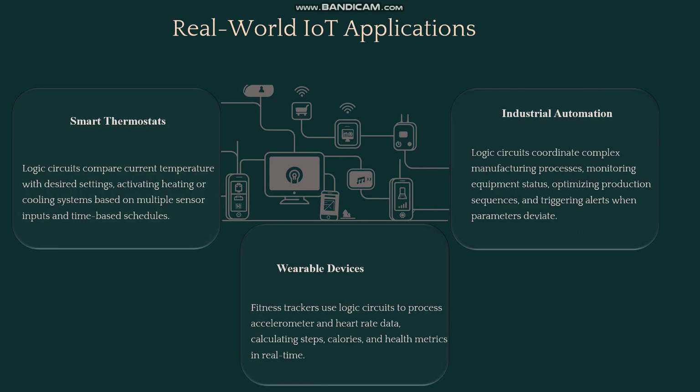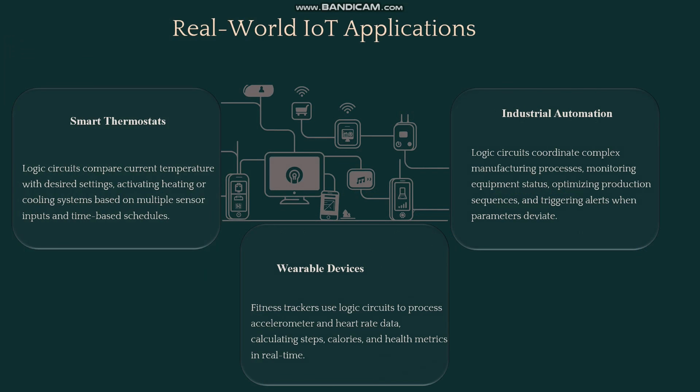Second, wearable devices like fitness trackers. They use logic circuits to process data from accelerometers and heart rate sensors in real time, calculating metrics like step count, calories burned, and sleep patterns.